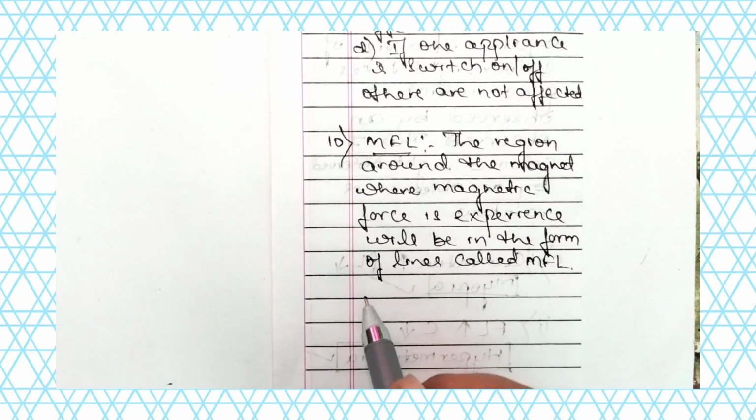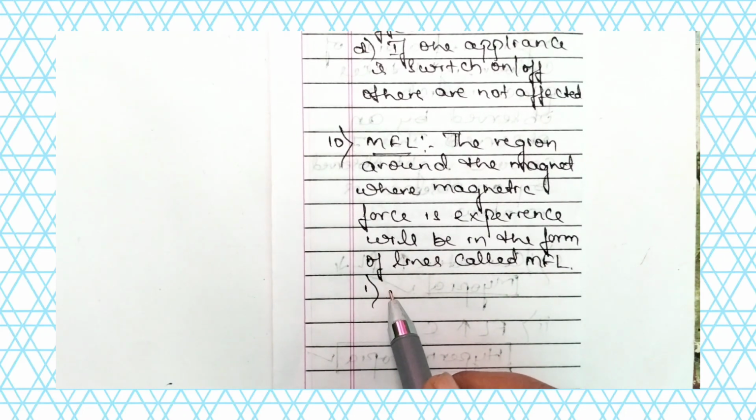Then what are the properties of magnetic field lines?